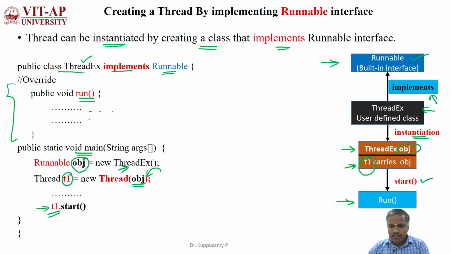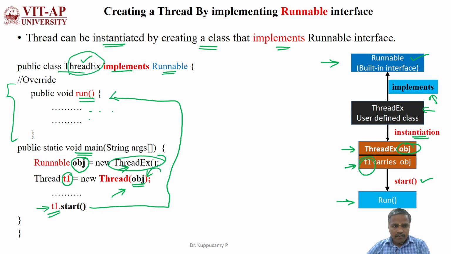So t1 is defined here, carrying obj, and I am invoking the start method by using t1. Once the start method is invoked, implicitly the JVM invokes the run method which belongs to this obj. Obj belongs to ThreadEx. So ThreadEx has the method run, which is implicitly called by the JVM whenever we invoke the start method by using this object variable t1.